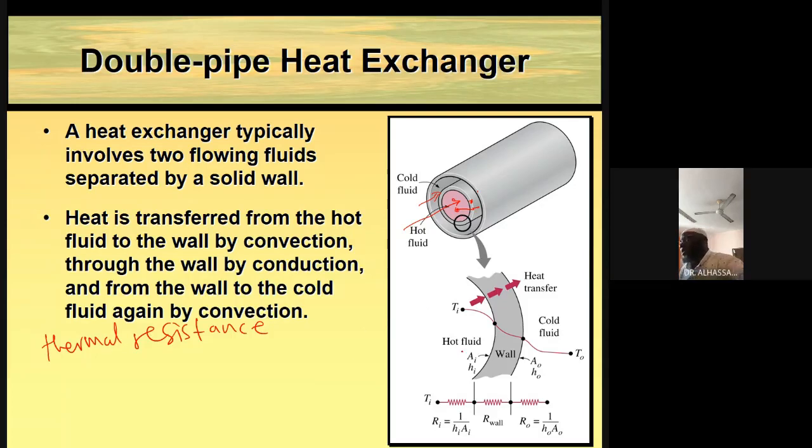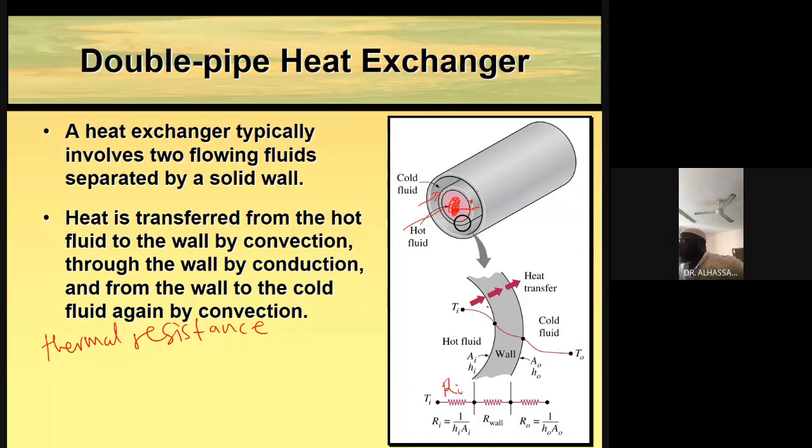The thermal resistance diagram for this situation is as follows. We have convection in the hot fluid. The mode of heat transfer from the fluid to the inner surface of this cylinder is convection, and let's denote its thermal resistance Ri.